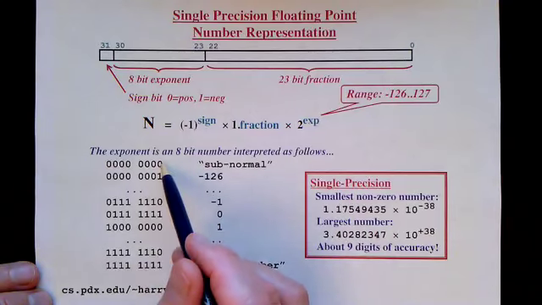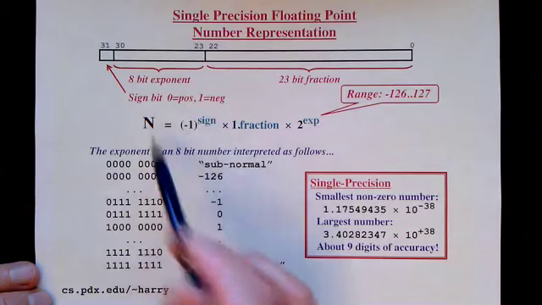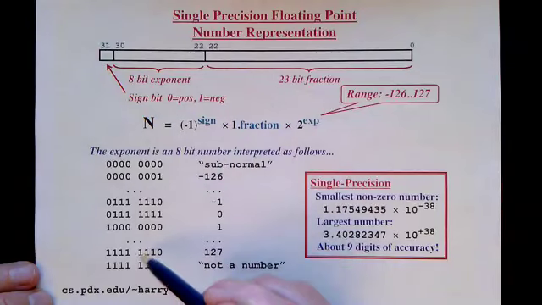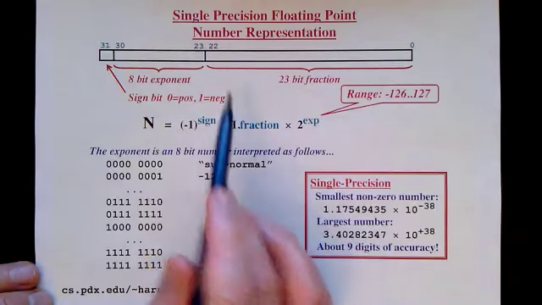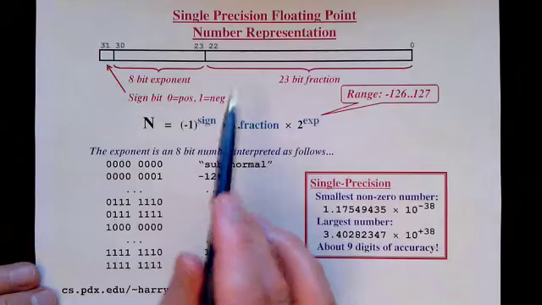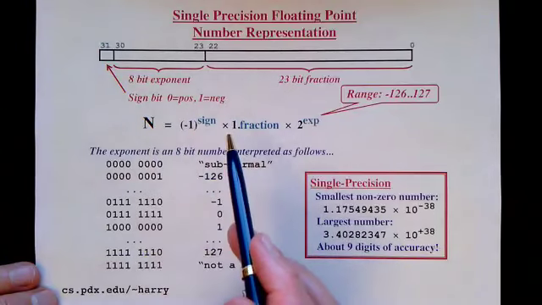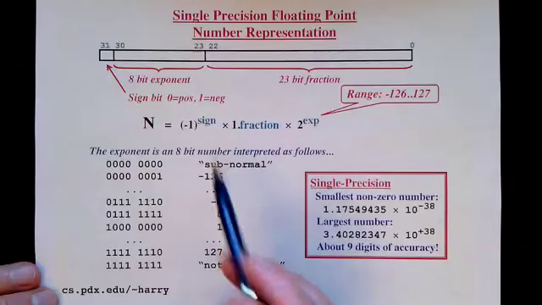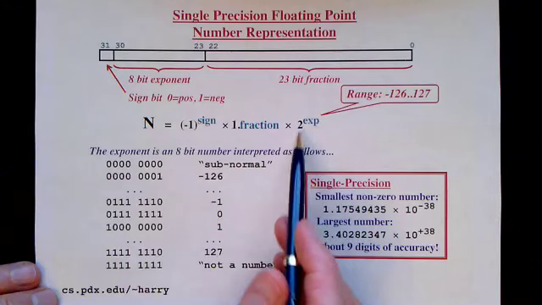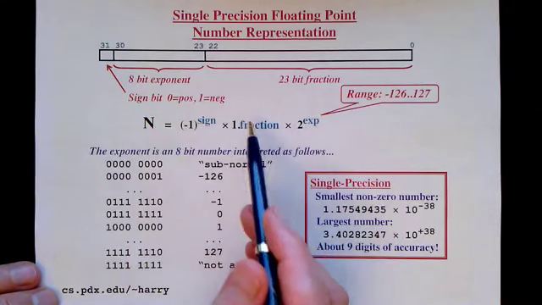A bit pattern of all zeros indicates that this number is a subnormal number and it's interpreted differently. I'll get to that. And a bit pattern of all ones means that it's not a number, and we'll get to that as well. But this is what's called a normal number, a normal floating point number. And given that, we can represent a large range of numbers.